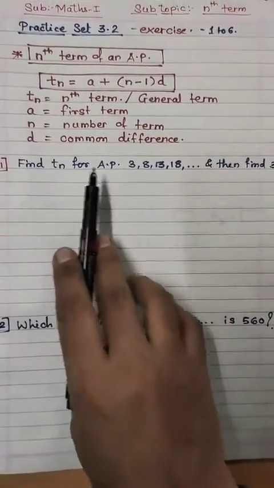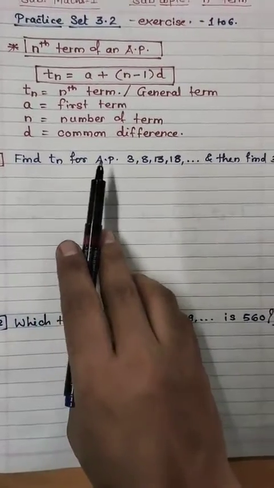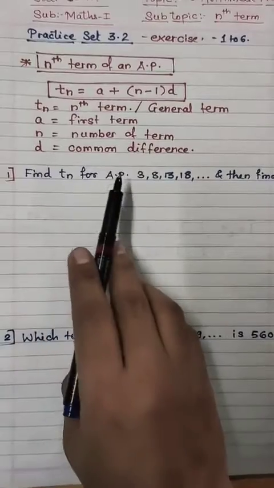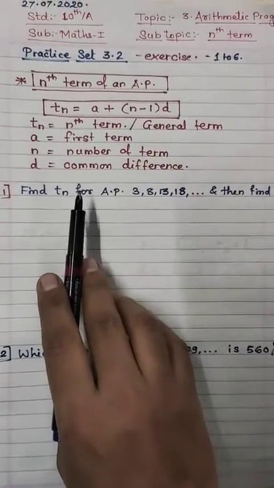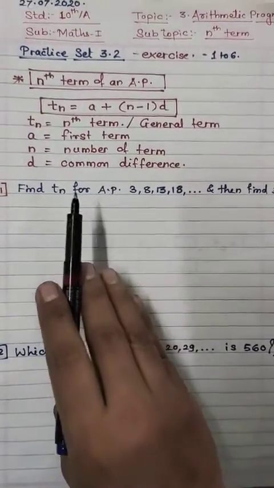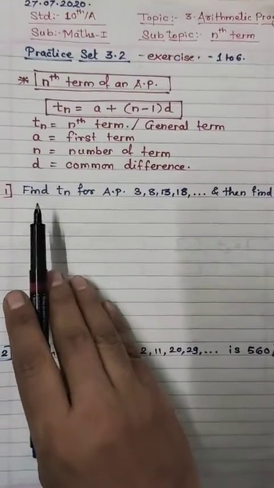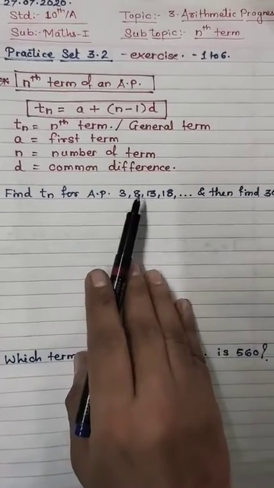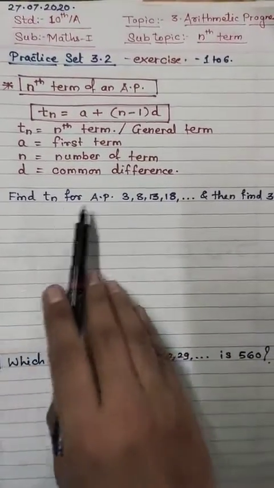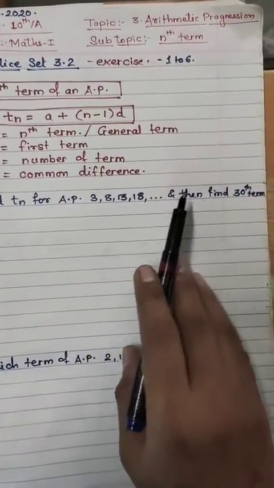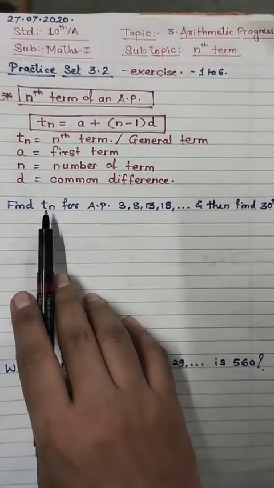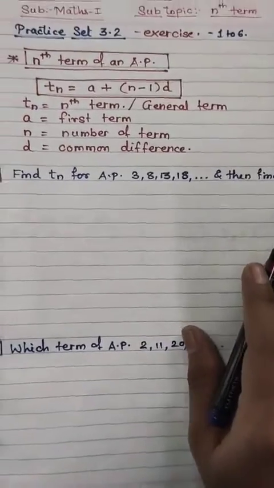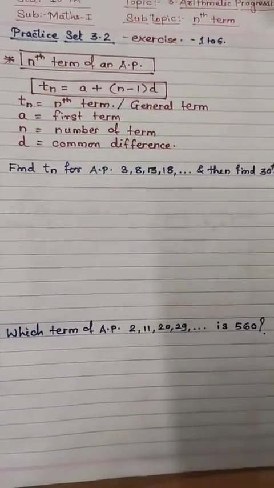First of all, it is mentioned in the example that it is an AP, so there is no need to prove it. We just have to calculate the value of D. First we find Tn, and only then can we calculate the 30th term. So let's start the solution.